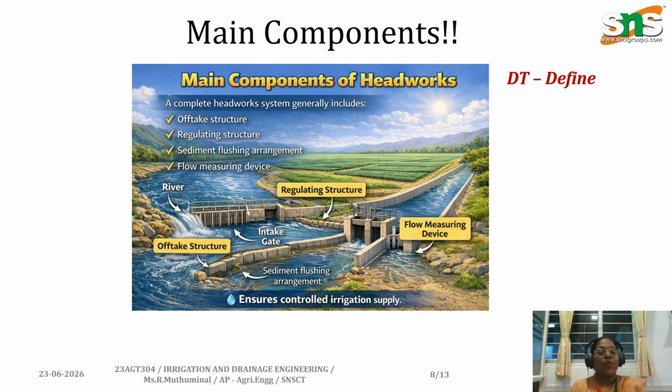Another important component is the fish ladder. As I have shown in the structure, the four main components of headworks have been cited. Those are the offtake structure, regulating structure, flow measuring device, and sediment flushing arrangement. That means the regulating structure and offtake structure, the components that I have said before, come together so that every possible way of controlling the water flow is happening perfectly.